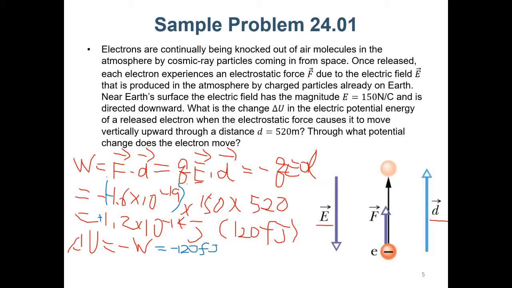So finally, delta V would be delta U over q.